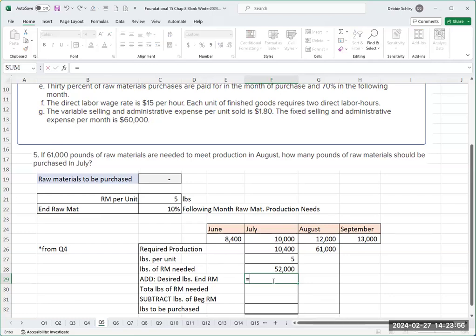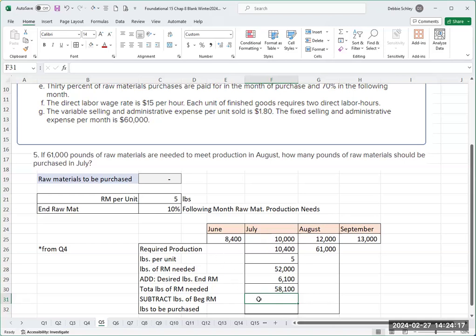So I just need to take that number times 10% to get my desired ending. So equals the 5,200 plus the 6,100. And then I need to subtract the beginning.